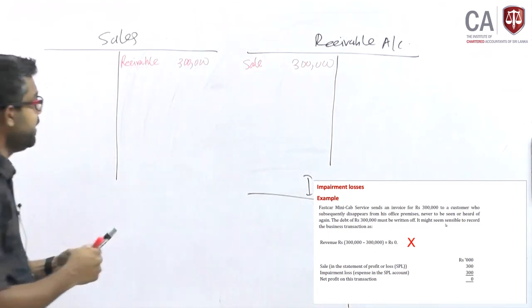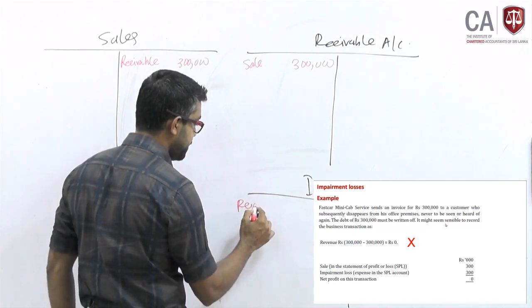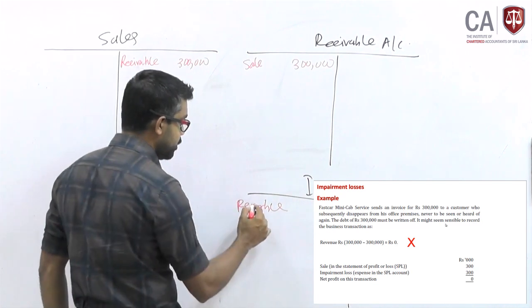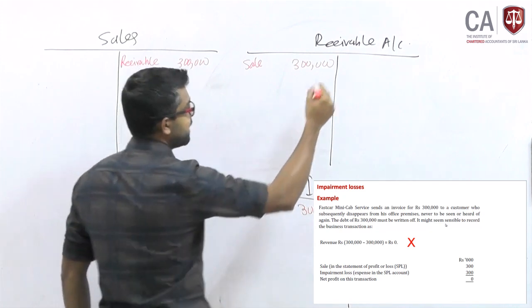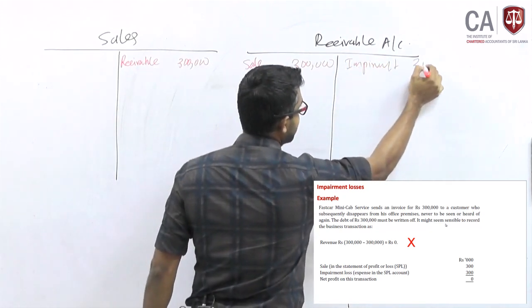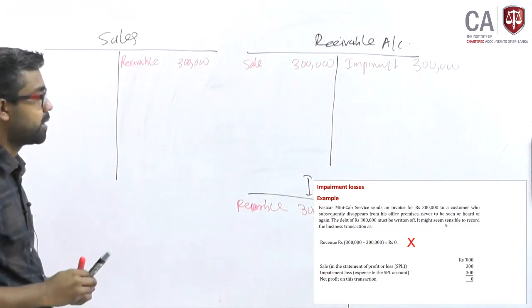How do you pass the double entry? Receivable account credit 300,000, impairment debit 300,000. Always go with double entries, right?